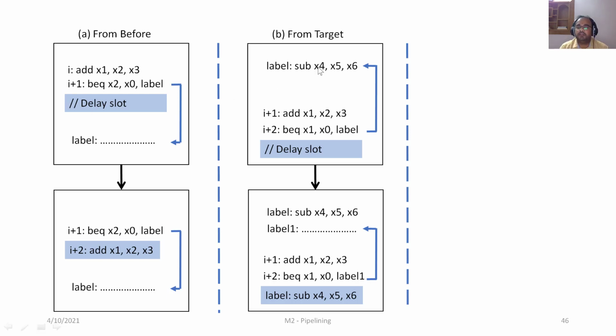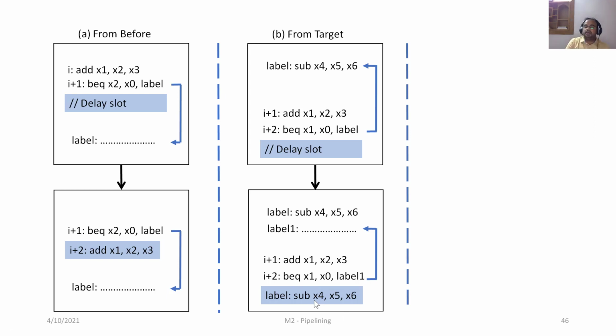The very first time the value of x4 is calculated and we start executing, and when the branch is executed, we go back to the same instruction in the second iteration, and again we calculate a new value of x4, and so on and so forth, right? So the same thing would happen here also. The very first time the subtract instruction gets executed, and then we execute the loop, and when we are executing I plus 2 and we find that this branch will go back, then the subtract instruction which is in the delay slot also gets executed, and its new x4 value will be used by the next iteration.